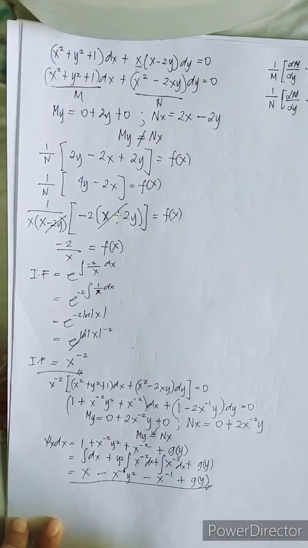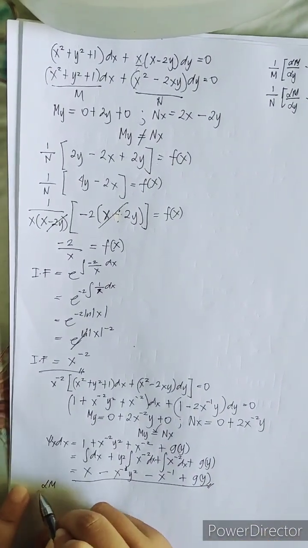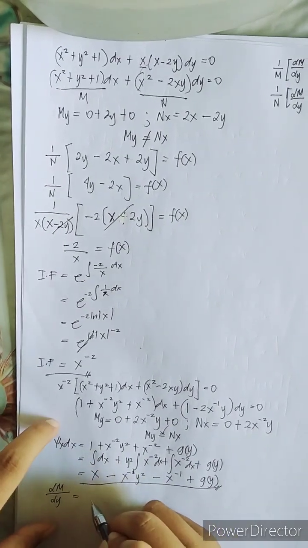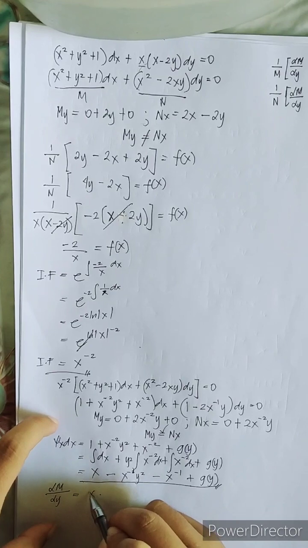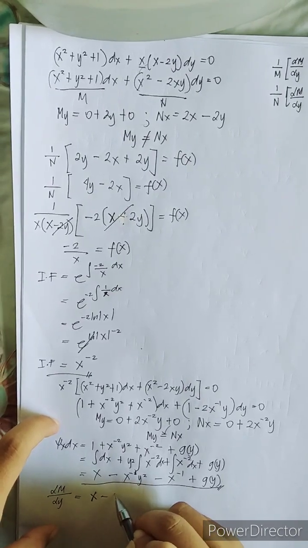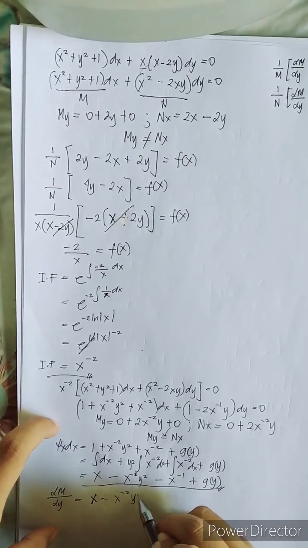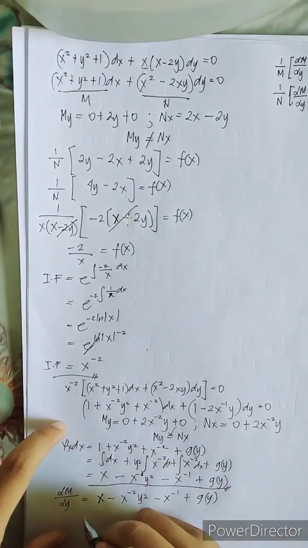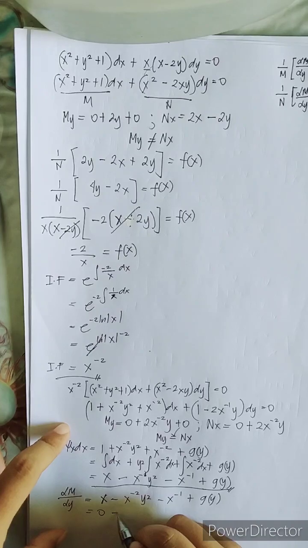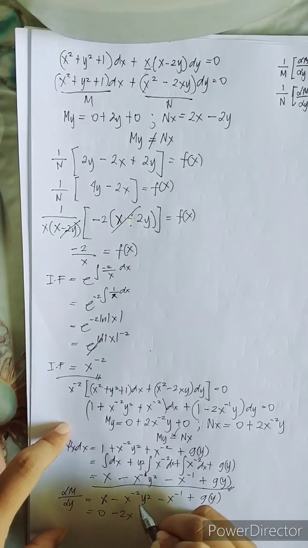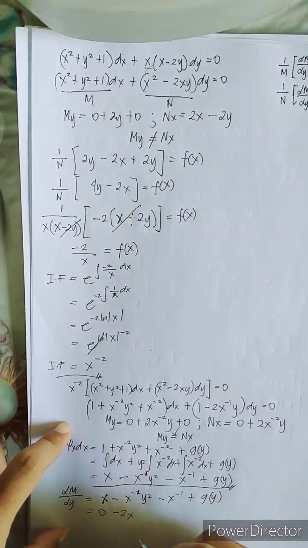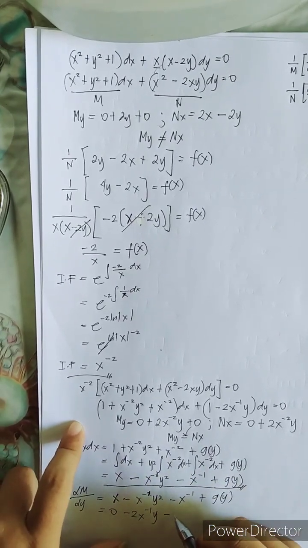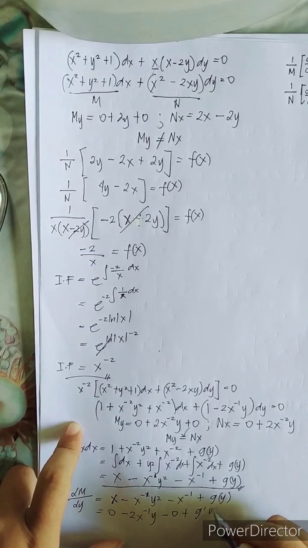Next step is get the partial derivative of the general solution in terms of y. This will be x minus x to the negative 1 y squared minus x to the negative 1 plus g of y. Then this will be 0 minus 2x to the negative 1 y minus 0 plus g prime of y.